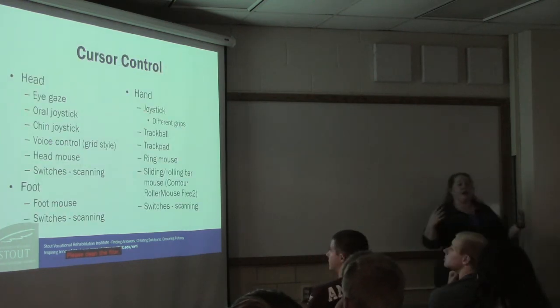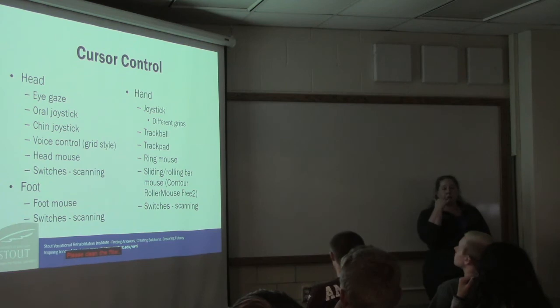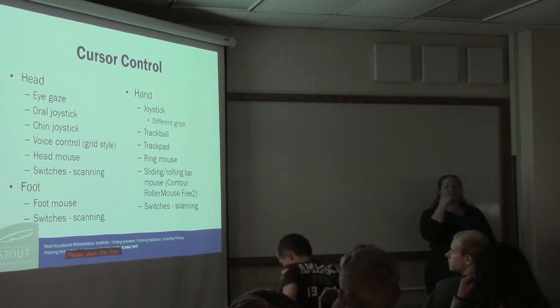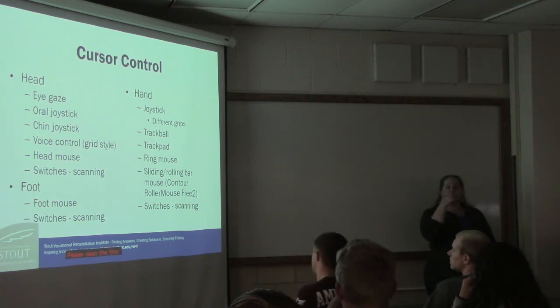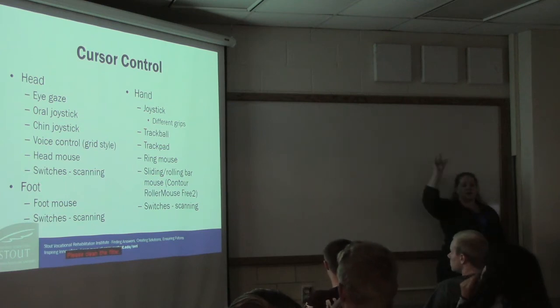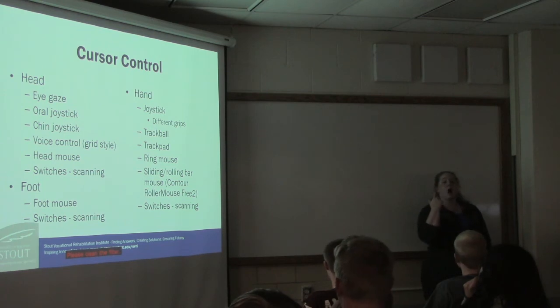So for a head controlled mouse, I might look at eye gaze. I can look at an oral joystick. That's a straw that is in the mouth, and they either use pressure or their lips and tongue to do displacement and actually move the joystick. In any direction they move it, the arrow goes across the screen. So we have our movement. They click by sipping into the straw.